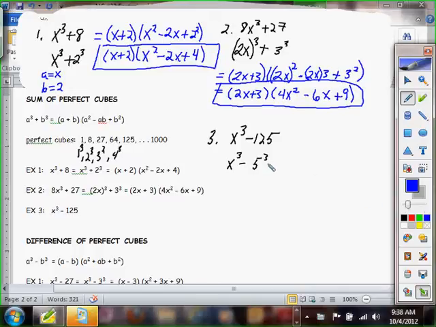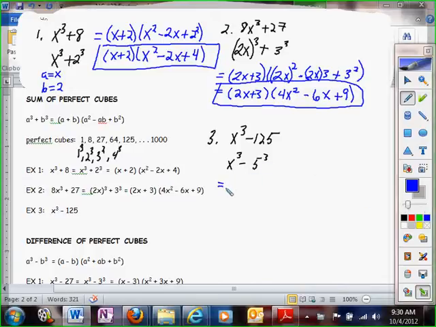So when I factor here, I have the first term plus the second term, which is x plus 5. Then I have the first term squared, which is x squared, minus the first times the second, which is 5x, plus the last term squared, which is 5 squared, which is 25. This is my answer.